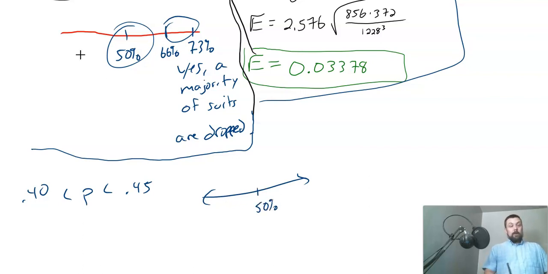Our confidence interval places the actual value of p between 0.4 and 0.45, somewhere in here, which is clearly below the 50% mark. So we could answer confidently, in this case, that no, it does not appear that a majority of cases are dropped, because our estimate places that value below 50%. We would say, no, this is not a majority.